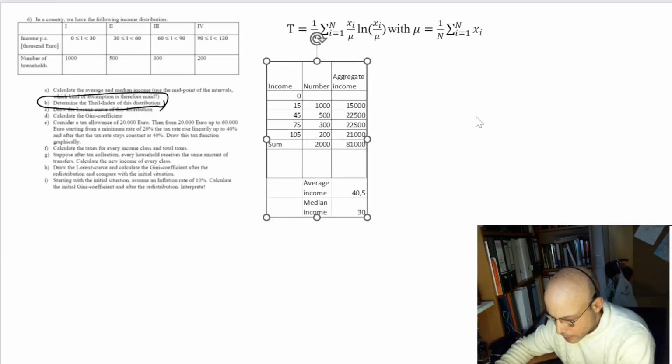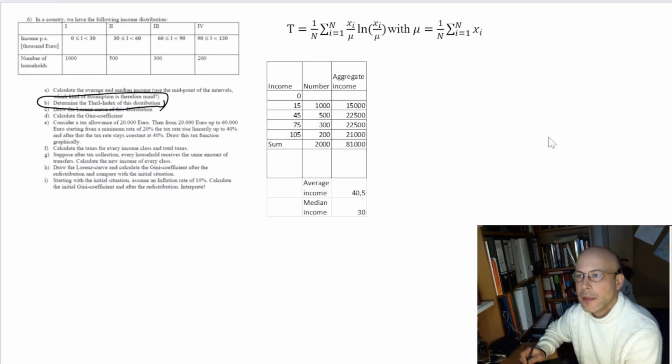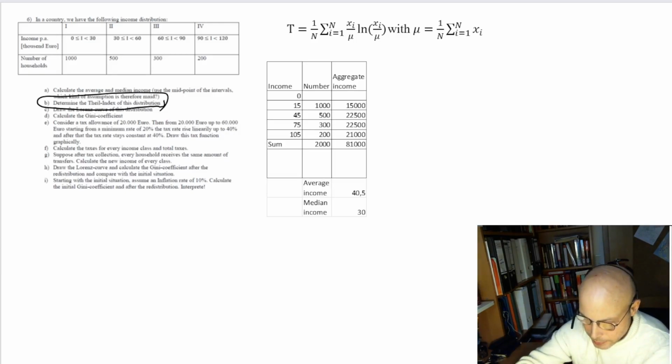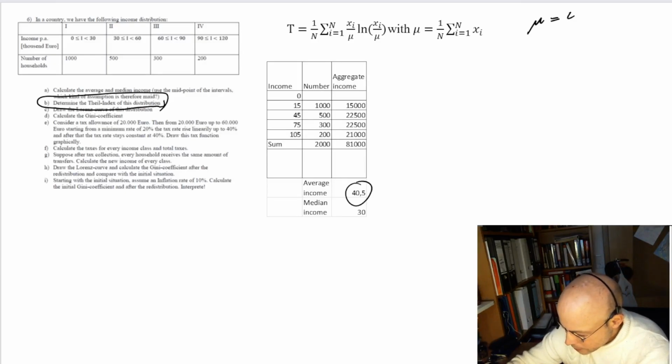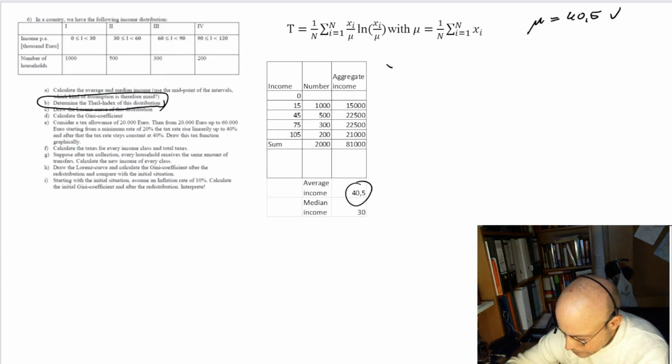So what do we have to do? Yes, great. So we need this one. This is mu, which is 40.5. Great. And then 40.5 and so on.